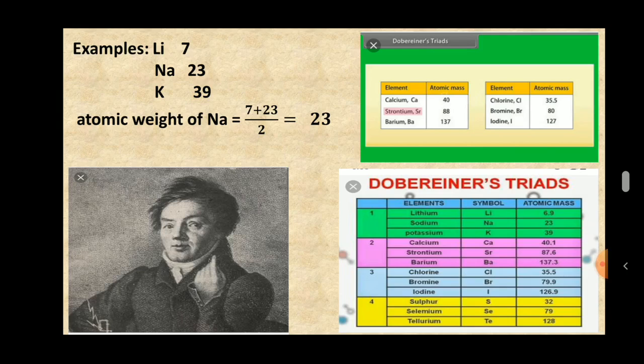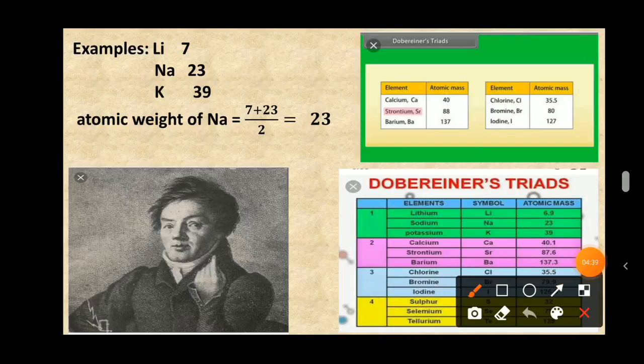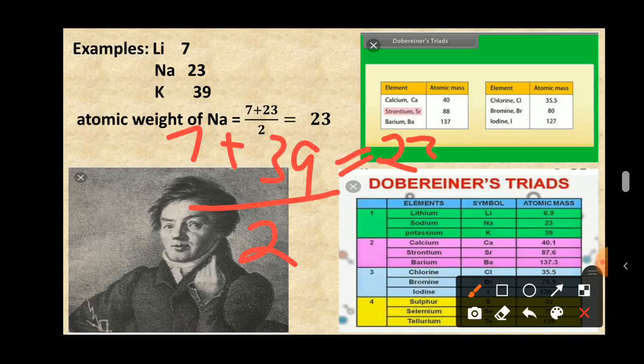If you want to take the atomic weight of sodium, what will you do? Now I made a mistake in this. Just check. If you want to calculate the atomic weight of sodium, how do you calculate it?